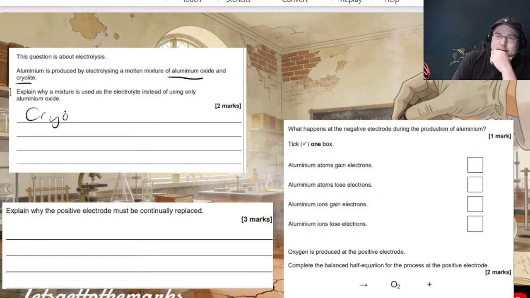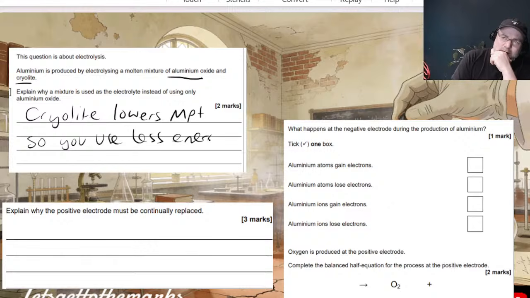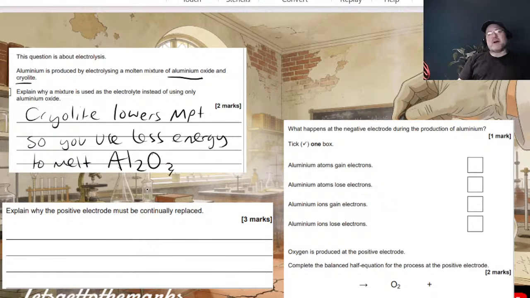Cryolite lowers the melting point, so you use less energy to melt Al2O3. Okay, it's a catalyst, cryolite, and it lowers the melting point. You're going to use less energy to melt the aluminium oxide. If you use aluminium oxide only, it will cost you a lot more money. You'll use a lot more electricity.